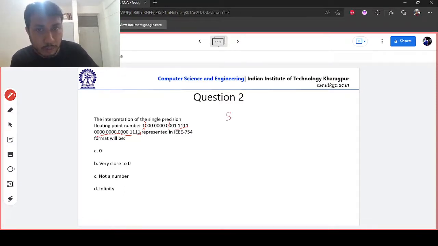One is the sign bit, then you have the exponent, and the last is the mantissa.